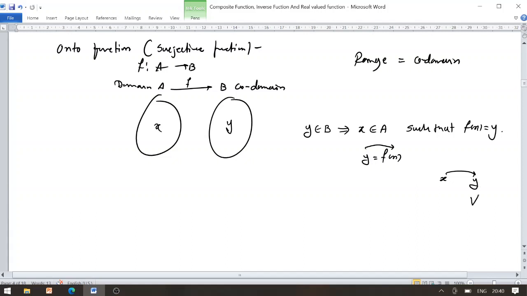So for every real value of y, there exists a unique element x from your domain, then the function is said to be an onto function. So we can say that therefore f is an onto function, or you might say the surjective function.